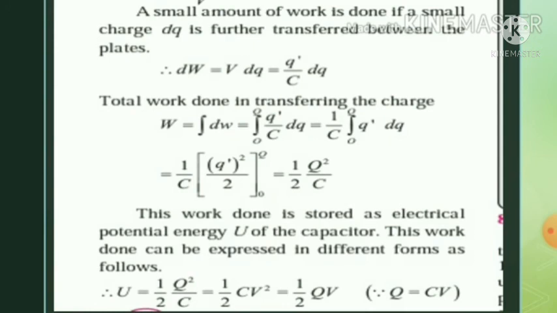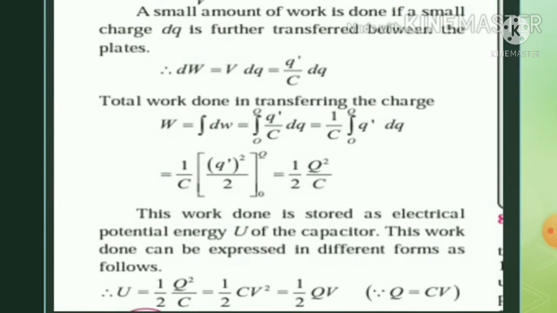Then we can write W equal to 1 upon C into square bracket Q dash raised to 1 plus 1 divided by 1 plus 1, with lower limit 0 and upper limit Q.